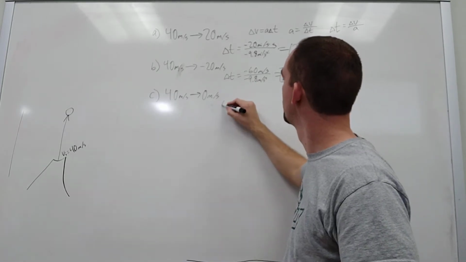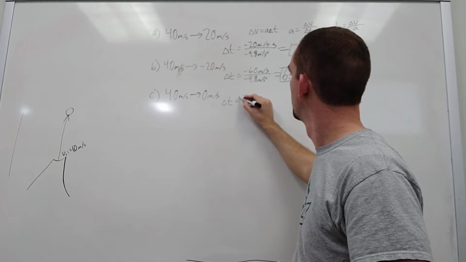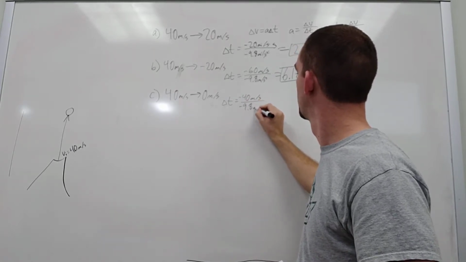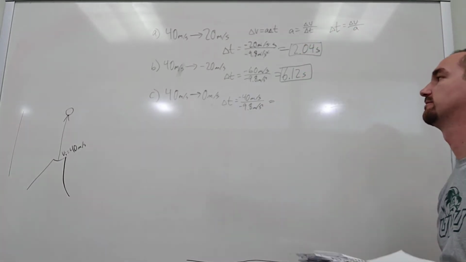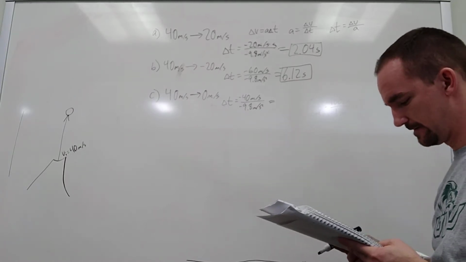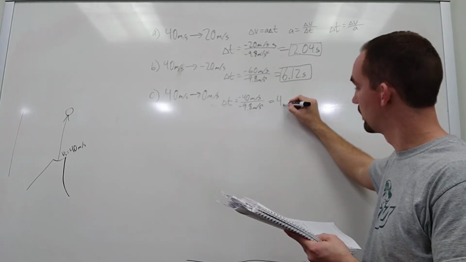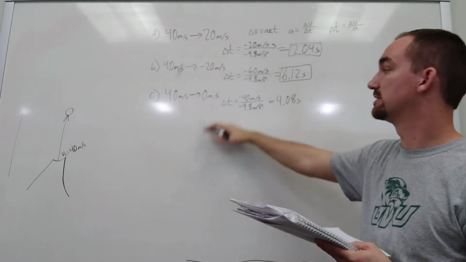So plug them in: negative 40 meters per second over negative 9.8 meters per second squared. That will get you 4.08 seconds. And that's just how long it takes to get to the top.